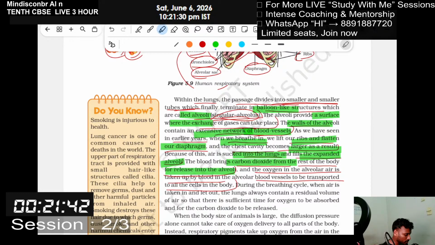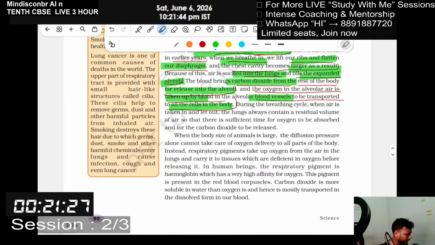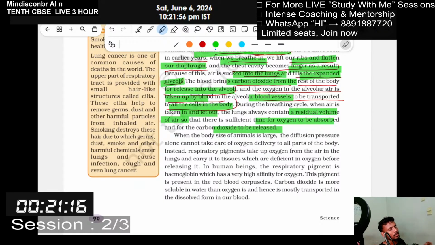The blood brings carbon dioxide from the rest of the body for release into the alveoli, and the oxygen in the alveolar air is taken up by blood in the alveolar blood vessels to be transported to all the cells in the body. During the breathing cycle, when air is taken in and left out, the lungs always contain a residual volume of air so that there is sufficient time for oxygen to be absorbed and carbon dioxide to be released. So even after exhaling that carbon dioxide, a little amount of air will remain in the lungs.